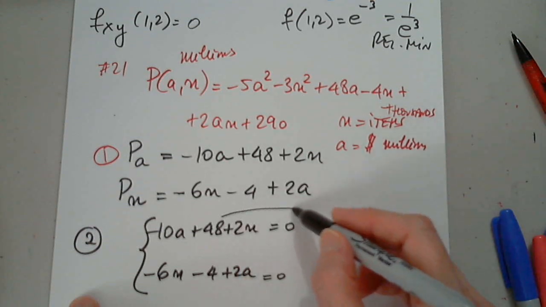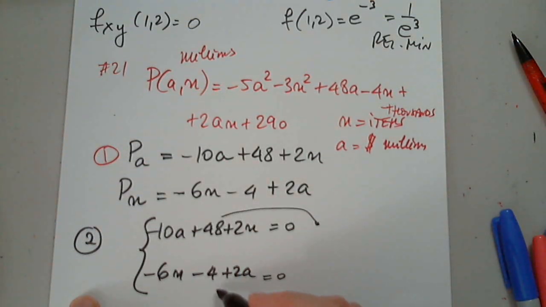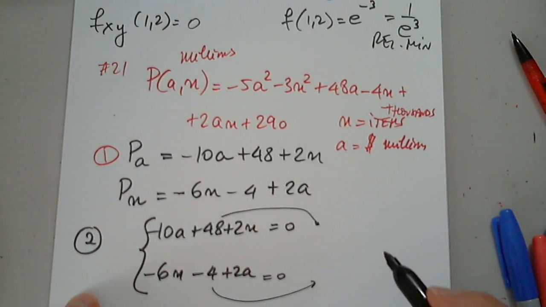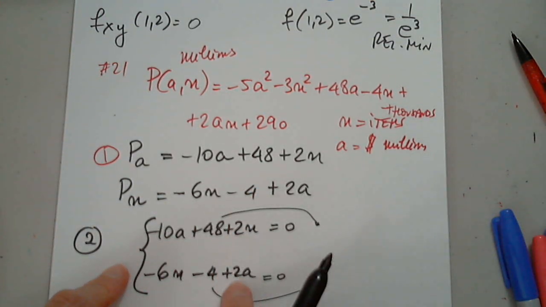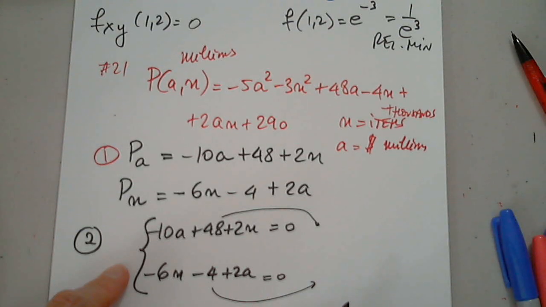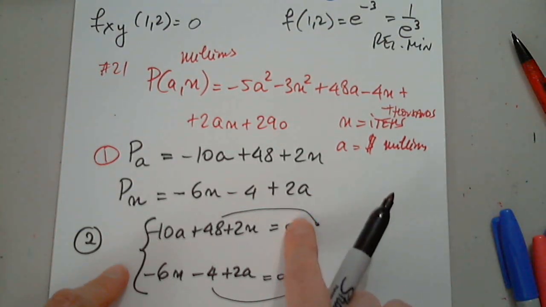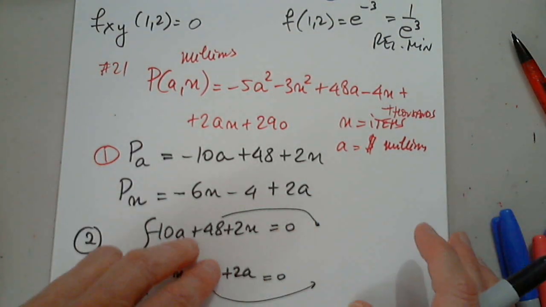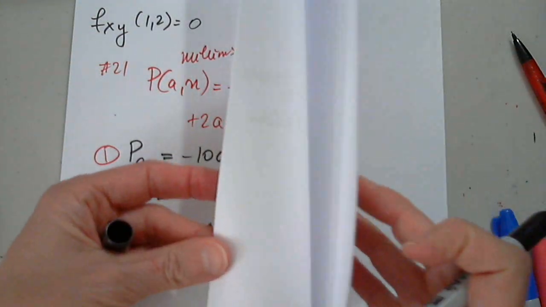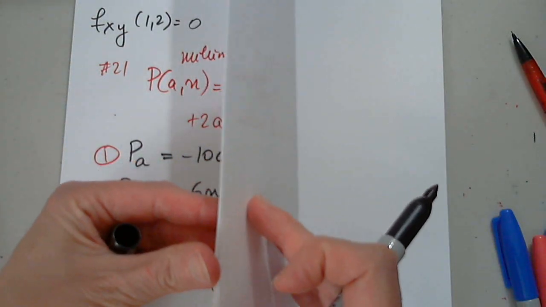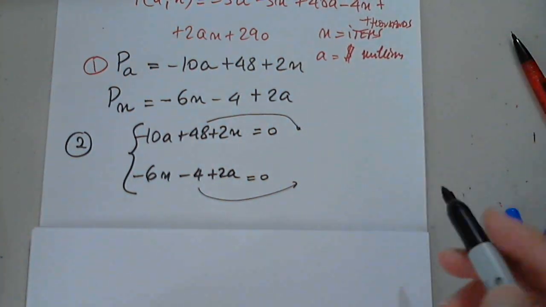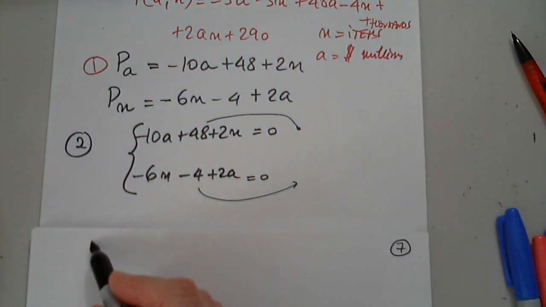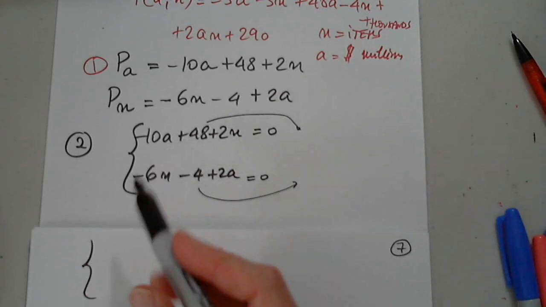Good. I will move the 48 to the other side. I will move the negative 4 to the other side, and I will present A under A, N under N, equal symbol under equal symbol, free terms under free terms. I will rearrange the system. So I'll keep A first.